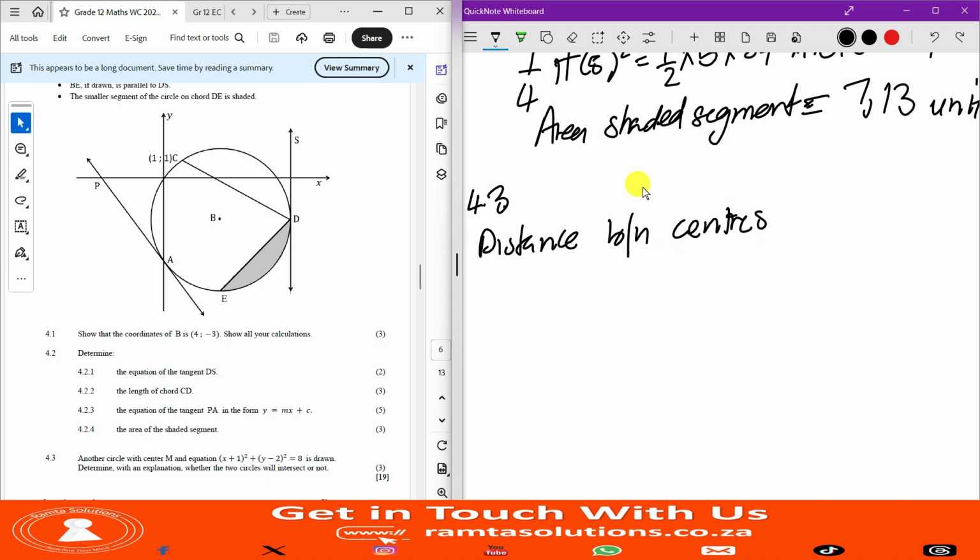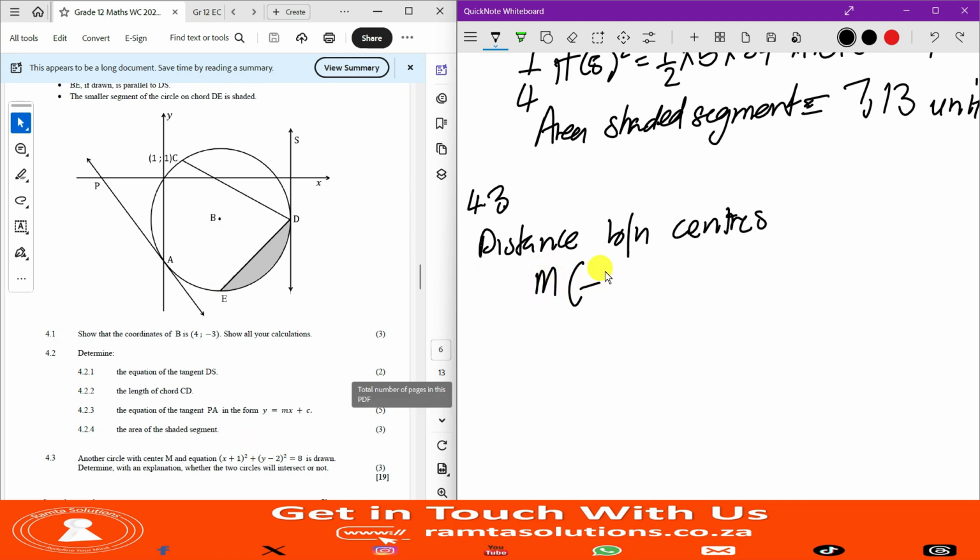If you recall, we have center B and we also have center M here. M, what are its coordinates? It is (−1, 2).